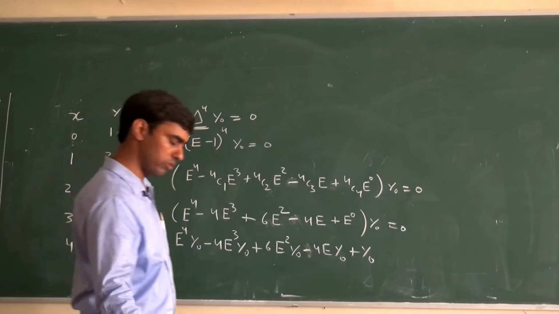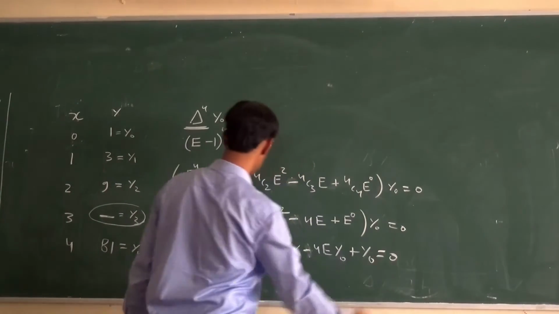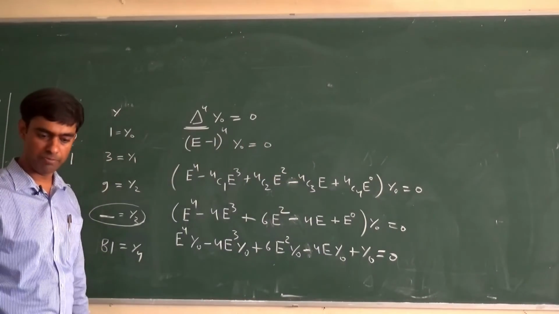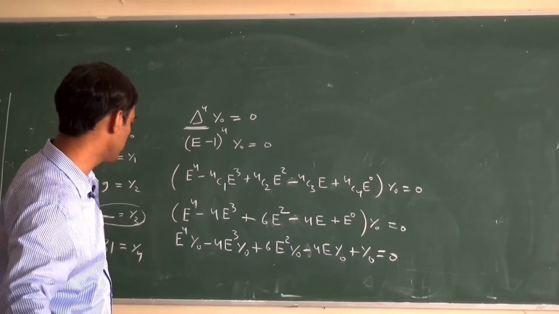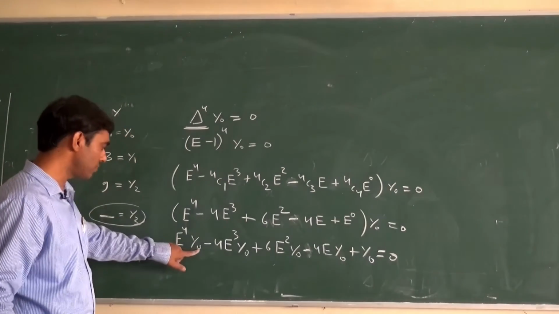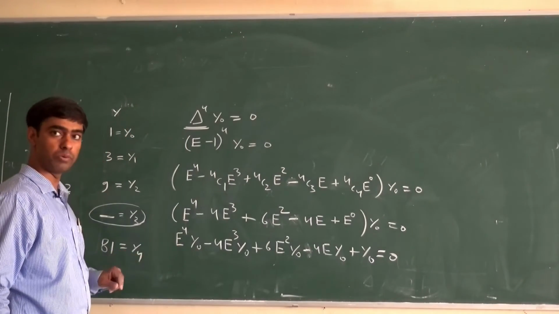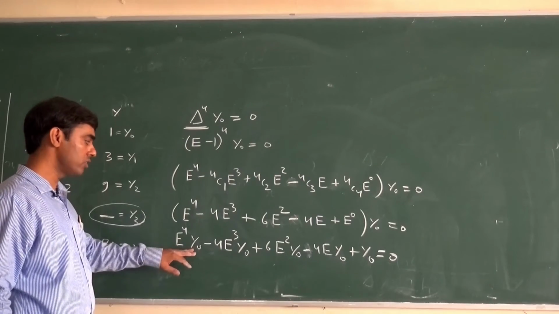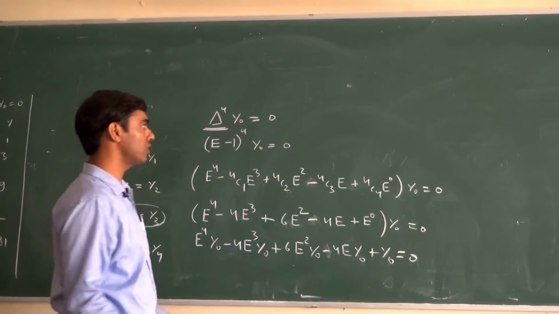So this equals 0. So what is the value of E⁴y0? This value shifts by 4 places. E0 is y0, so E⁴y0 becomes y4.